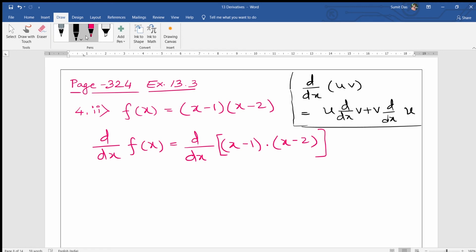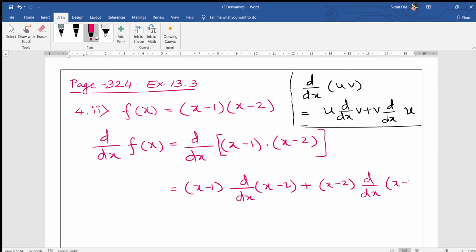So here it will be (x minus 1) d/dx of (x minus 2), plus (x minus 2) d/dx of (x minus 1).